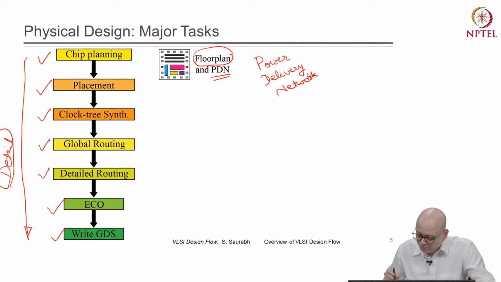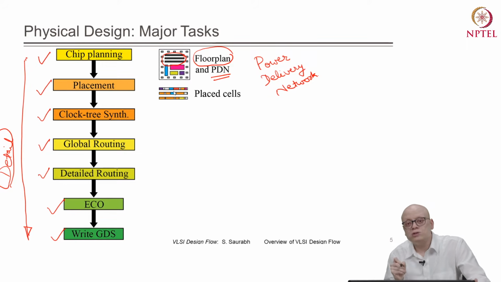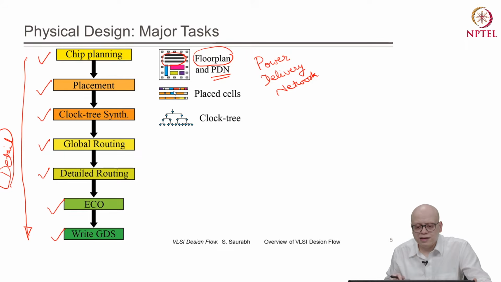Then in the placement step, what is done? It is the standard cells that are in our design; the locations of those standard cells are determined by the placement. Then once the placement is done, the clock tree is made, right.